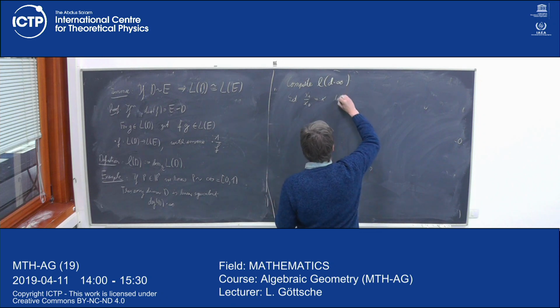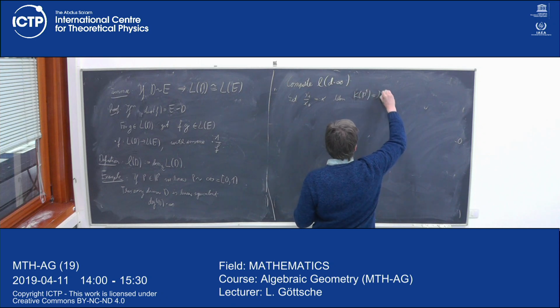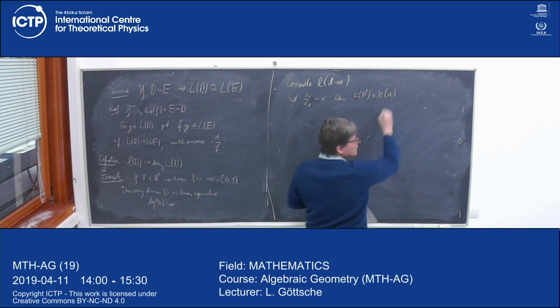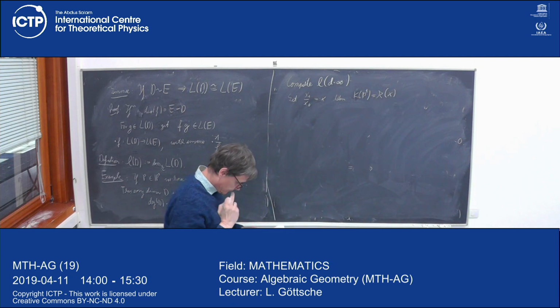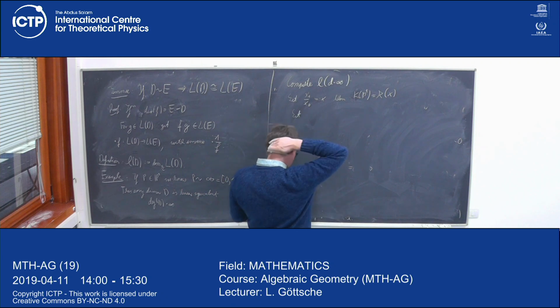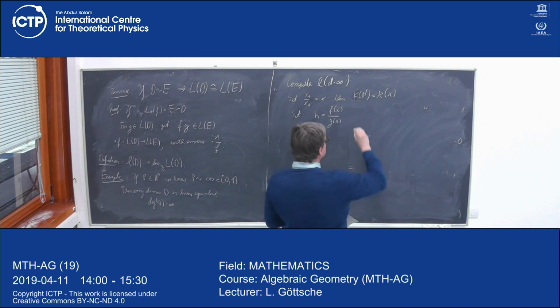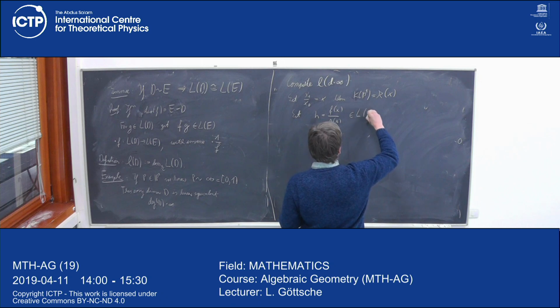We know that the function field of P1 is just the field of rational functions in x. So let h, which you can write as f of x divided by g of x, be an element in this.